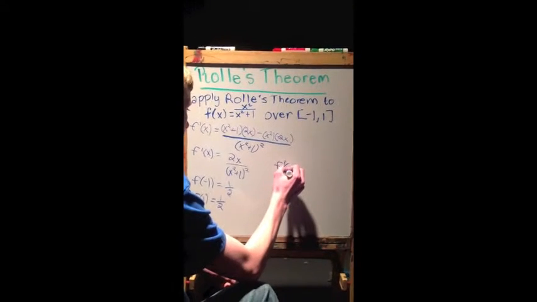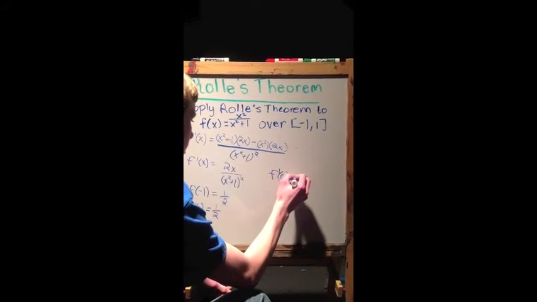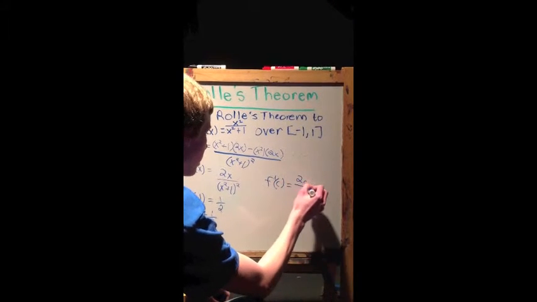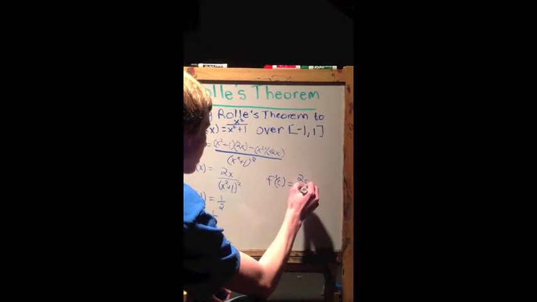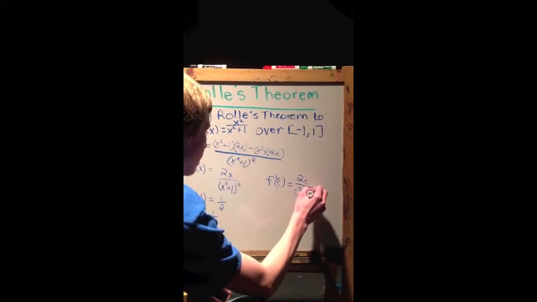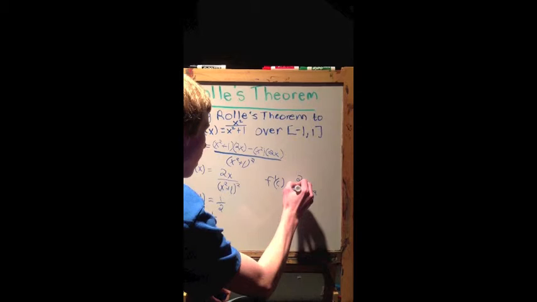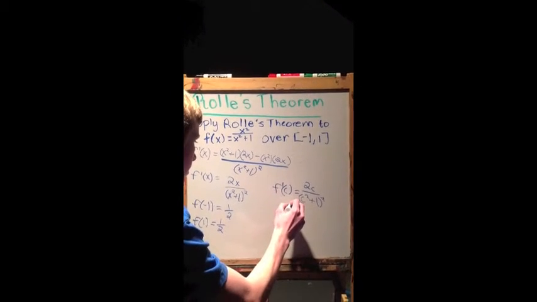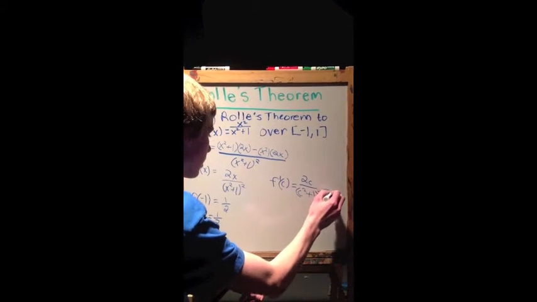So that would be 2c all over c squared plus 1 squared. Which comes out to c equals 0. So f prime of c equals 0.